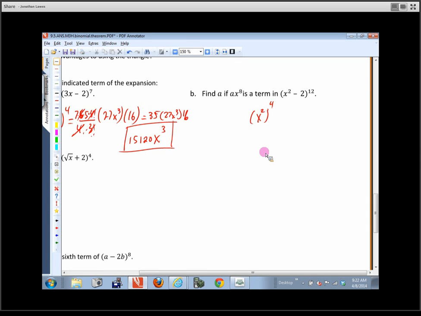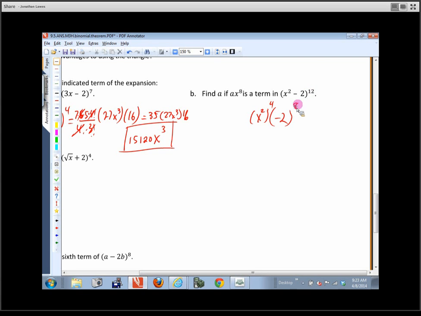Isn't that right? The way I make an x to the 8th is I take an x squared and I raise it to the 4th. If that's the case, I've taken care of the power for the first one. This other one's going to be a negative 2 raised to the... What do these powers always add up to? Whatever the power is right here. They add up to whatever the n is, whatever the exponent is.